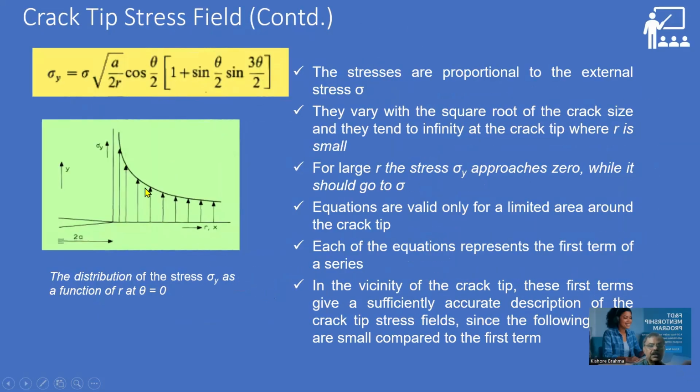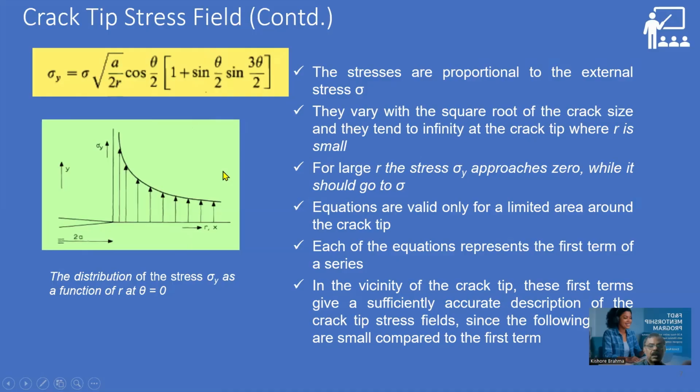So basically the stress distribution in the y direction, which is most important to be considered as the applied load is along the y direction, is given by sigma square root of a by 2 pi r, times a function of cos theta. So this is what the distribution shows as a function of theta and r.